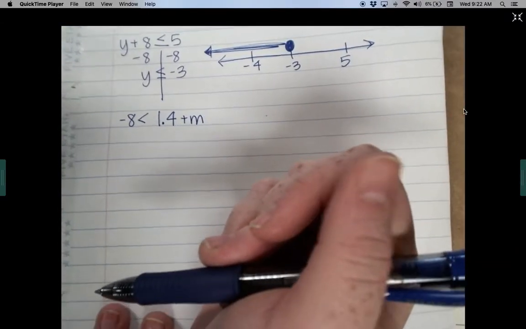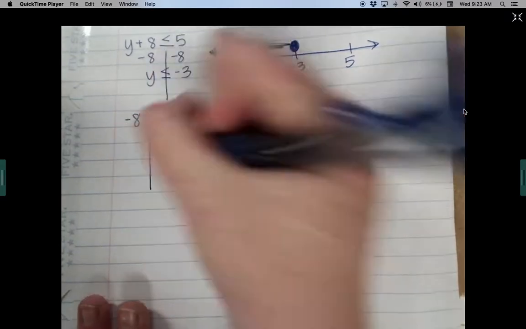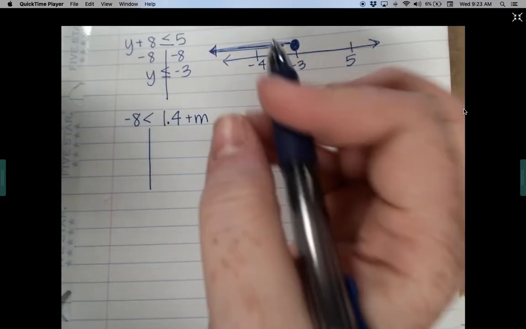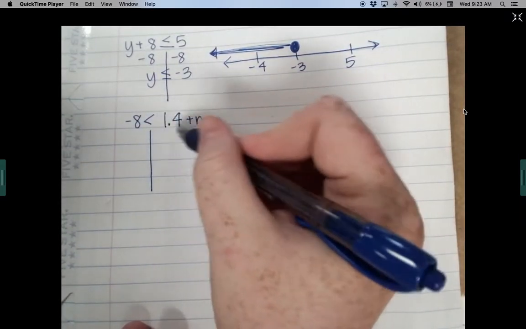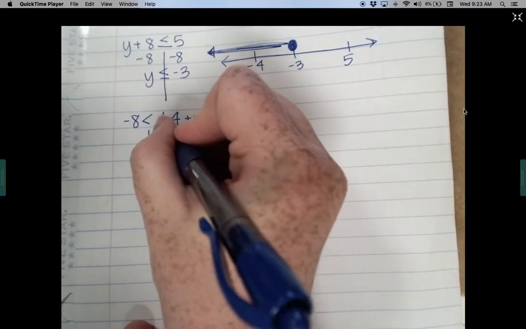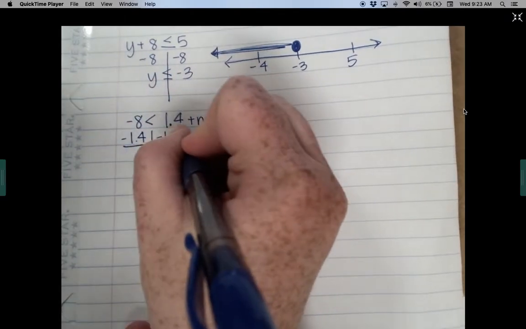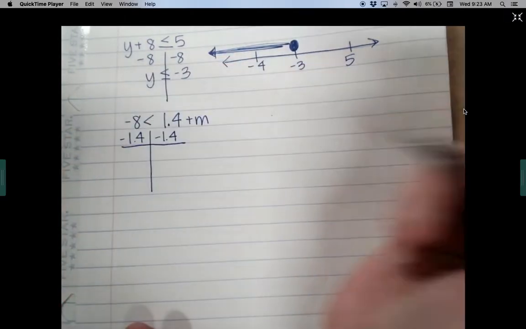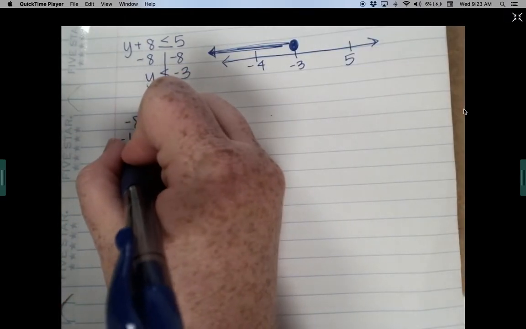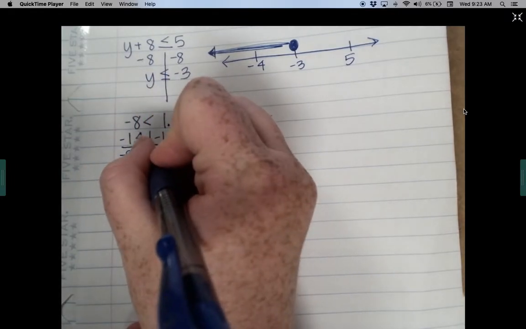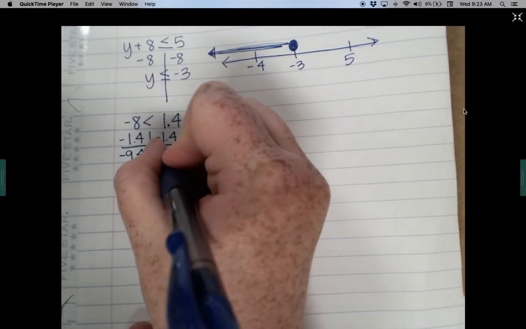Okay, what do I need to do first? Subtract it because it's is it positive or negative? So I subtract 1.4. So negative 8 minus 1.4 is negative 9.4 is less than m.